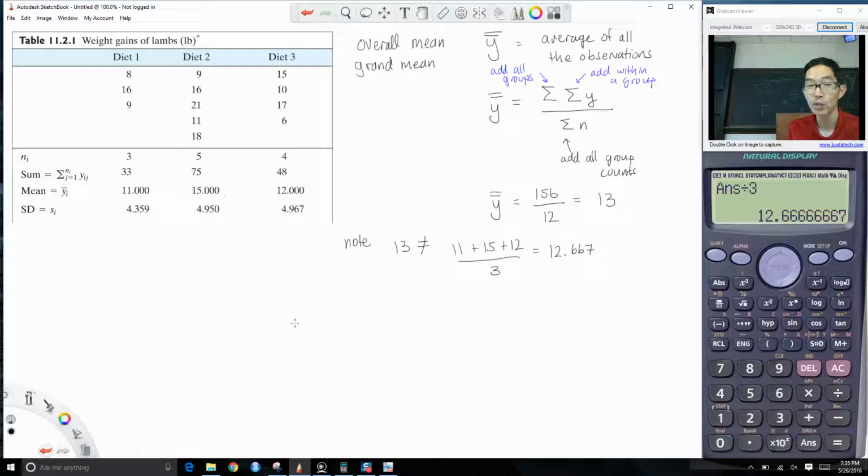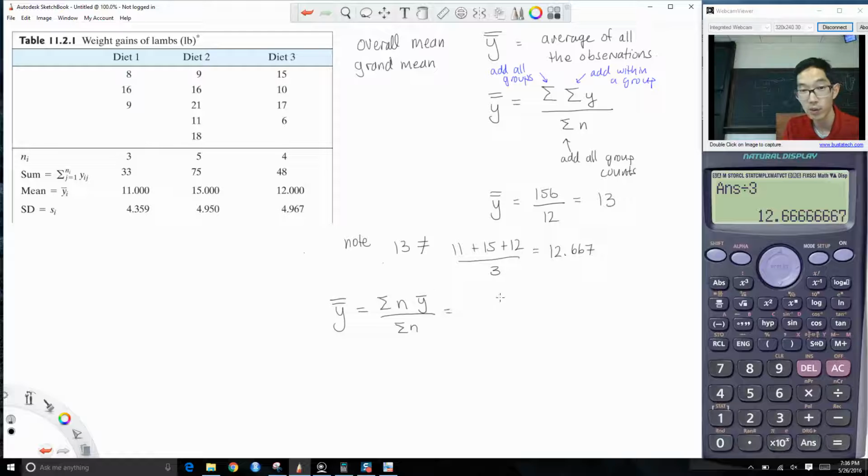Okay, so another way to get the grand mean, and this is probably going to be the formula that you end up using, is you would take each group mean and multiply it by the group count. Okay, so we would take 11 times 3. We would take the count of a group and multiply it by its group mean. Okay? And we would add those up, and then divide by the sum of all the different n's here.